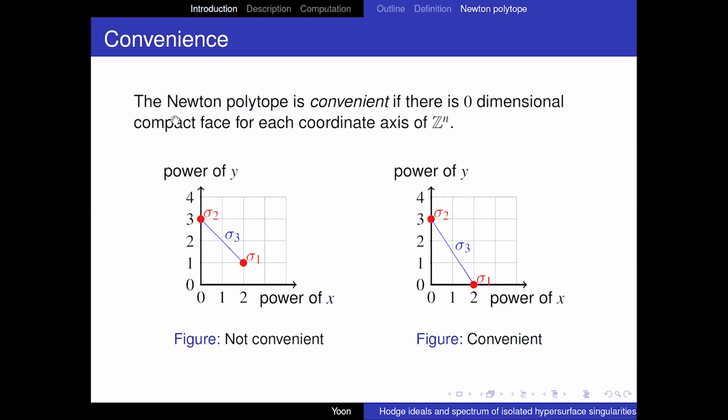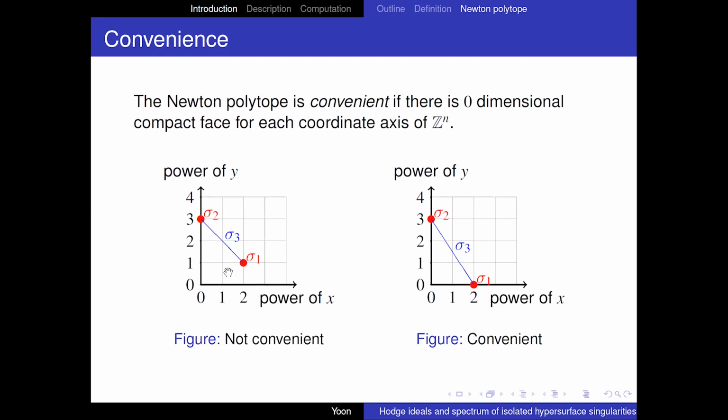Another concept is convenient. So if there is a zero-dimensional face on each axis, that is convenient.